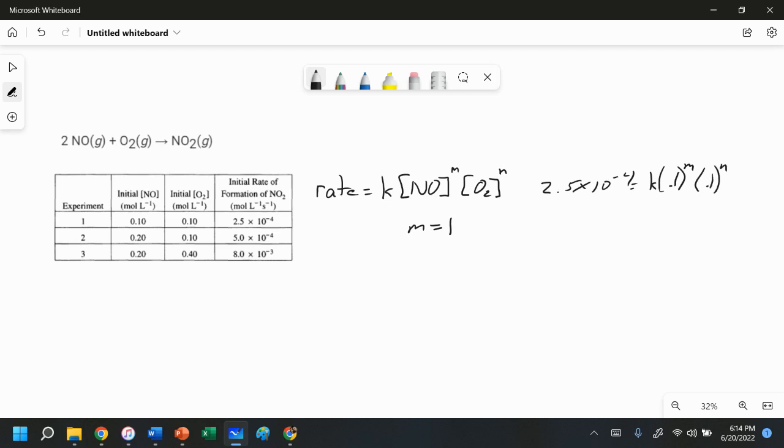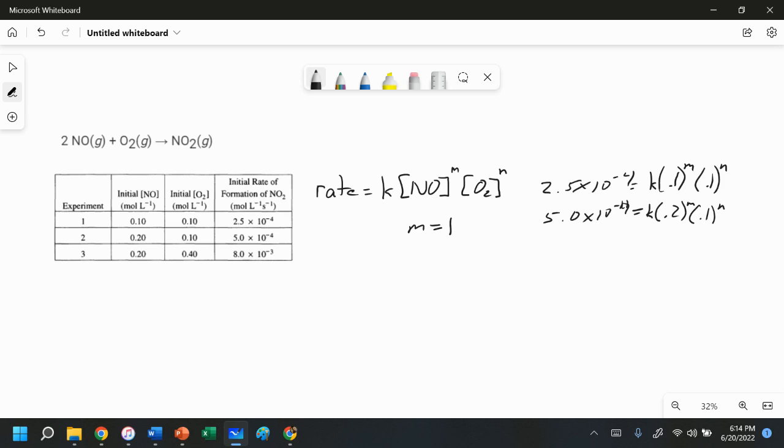We're also going to substitute in the second experiment's values: 5.0 times 10 to the negative 4, not 9, 4, equals the same rate constant, times a different concentration for our nitrogen monoxide, but the same concentration of our oxygen.